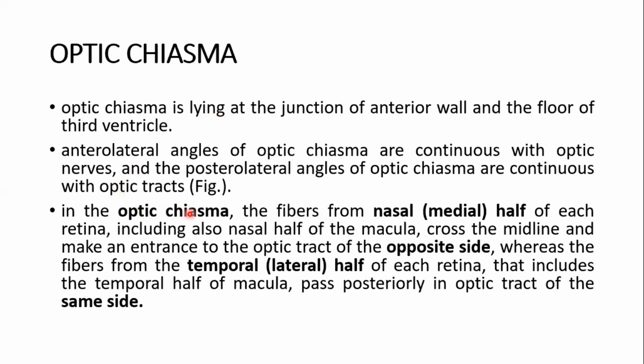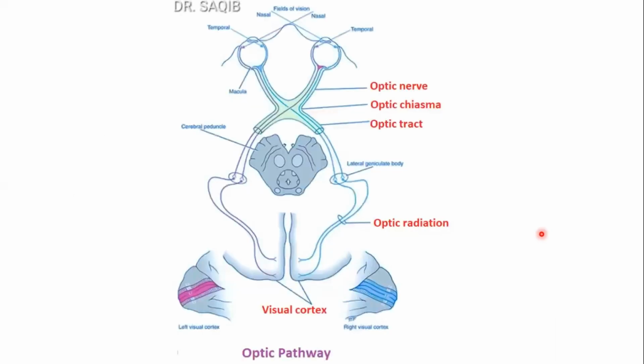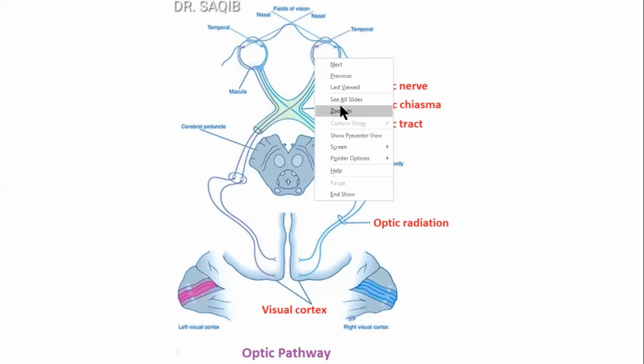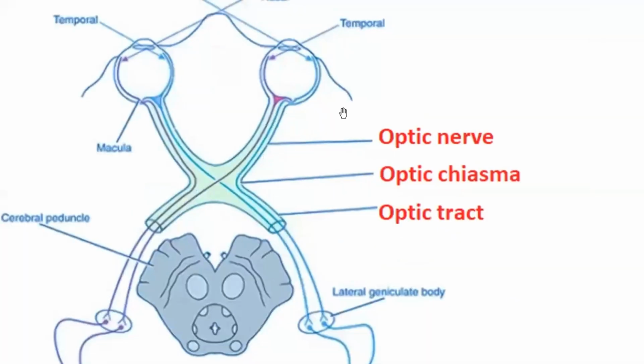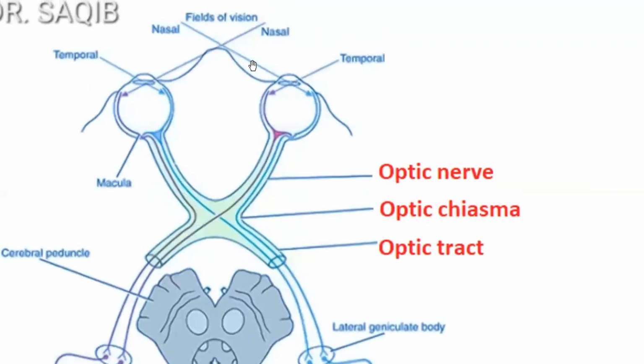In the optic chiasma, the fibers from the nasal half of each retina, including also the nasal half of the macula, cross the midline and make an entrance into the optic tract of the opposite side. Let me zoom in for you. The fibers from the nasal side. This is the field of vision.